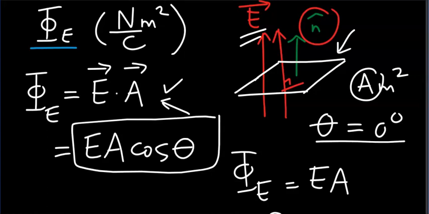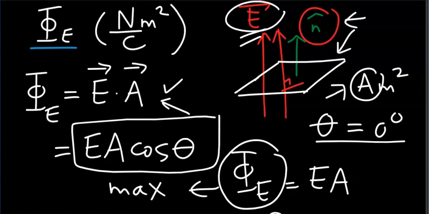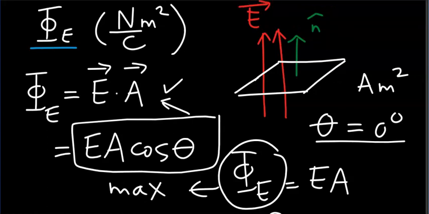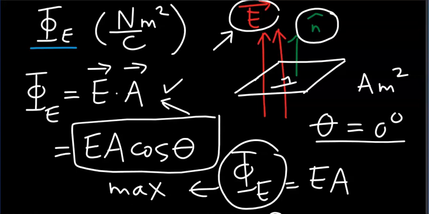So we say the electric flux in this case is maximum. Whenever you have the electric field perpendicular to the plane of the area or parallel to the area vector, we say the electric flux due to that electric field through that area is maximum.